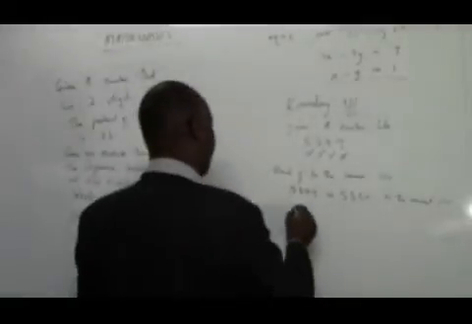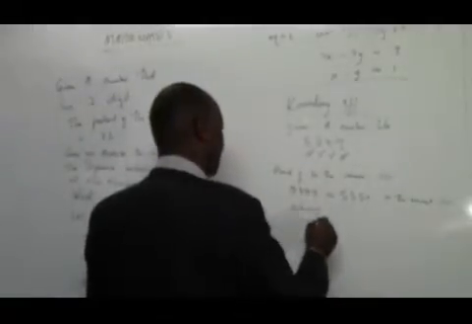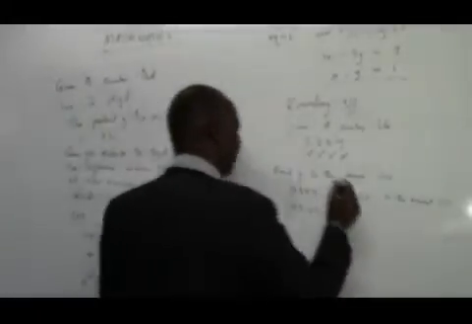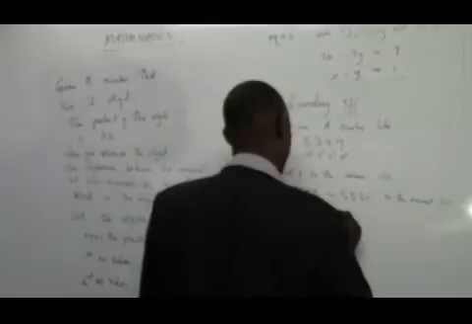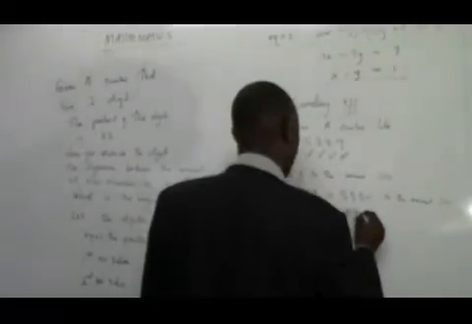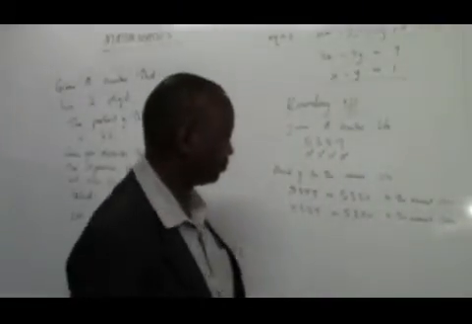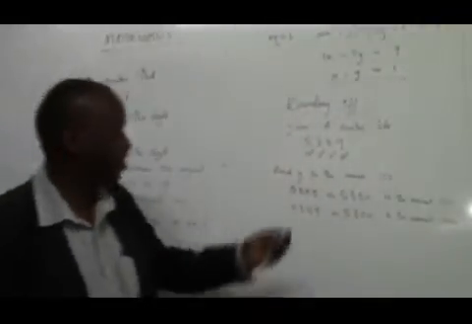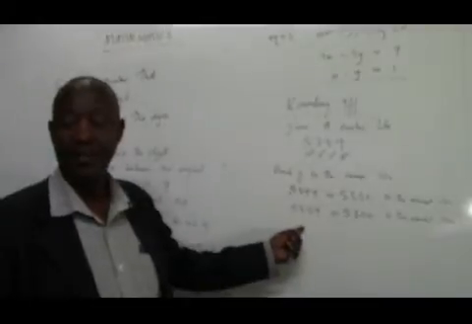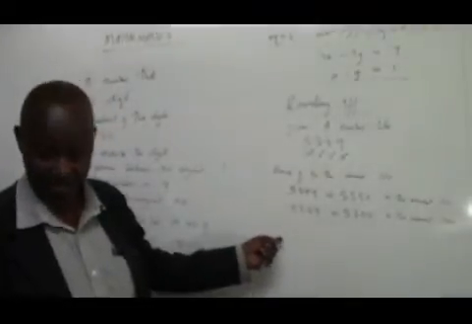So 5349 to the nearest hundreds becomes 5300. That's how we round off. We can continue like that, and we can round off even up to the 1000 place.